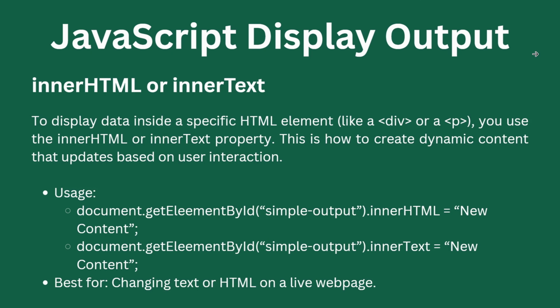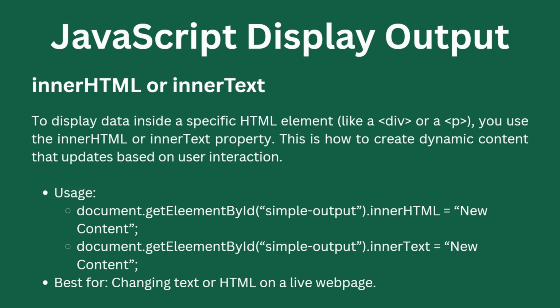In this part, we still talk about how to display output using JavaScript, but in another way. We can use the innerHTML or the innerText property. To display data inside a specific HTML element, like between a div tag or p tag, you use the innerHTML or innerText property.